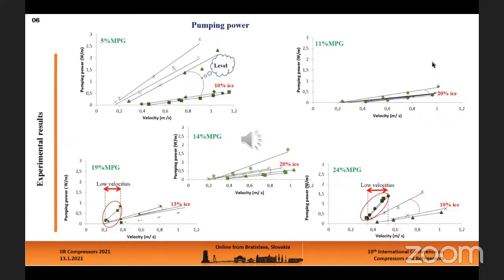The values of this ice fraction are 10% for 5% MPG, 20% for 11% MPG, 20% for 14% MPG, 13% for 19% MPG, and 10% for 24% MPG.